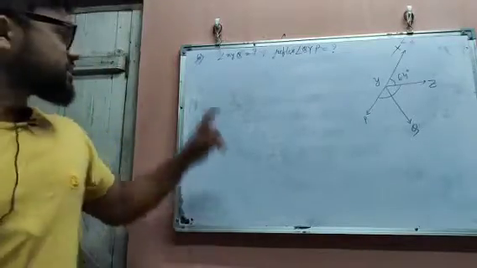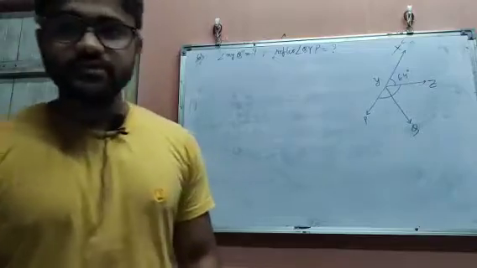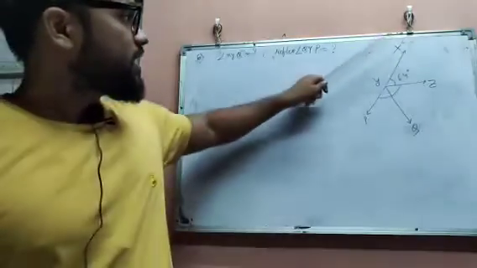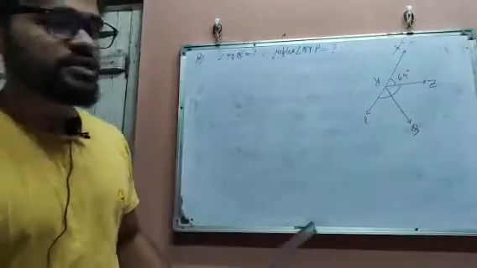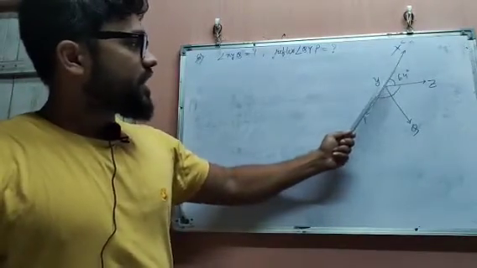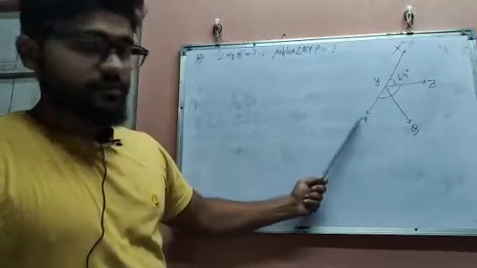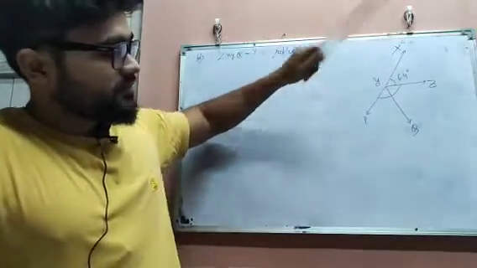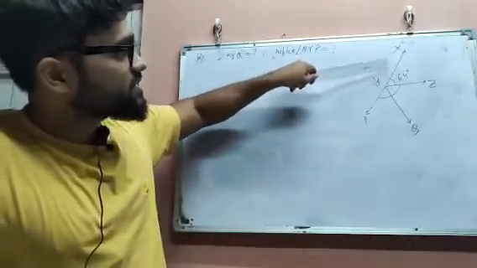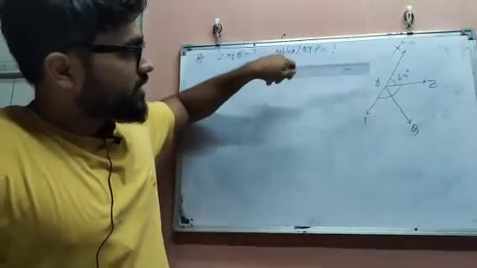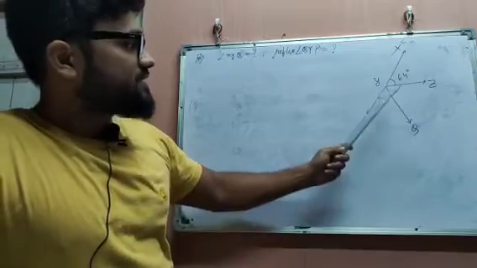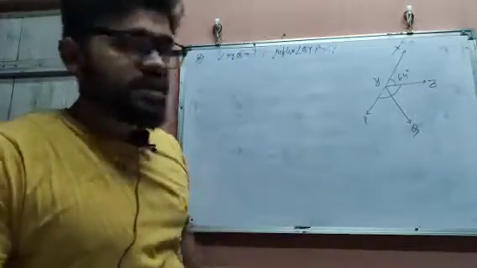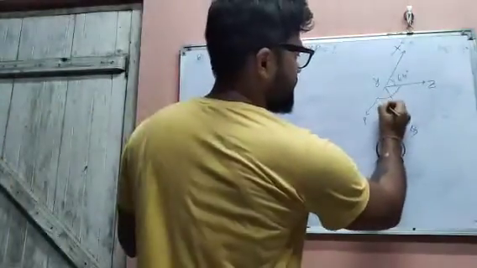Now in question number 6, what is given? Angle XYZ is given as 64 degree, and XY is produced to point P. It is given that the ray YQ bisects the angle ZYP.